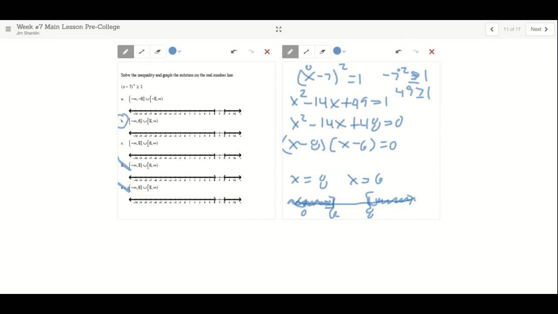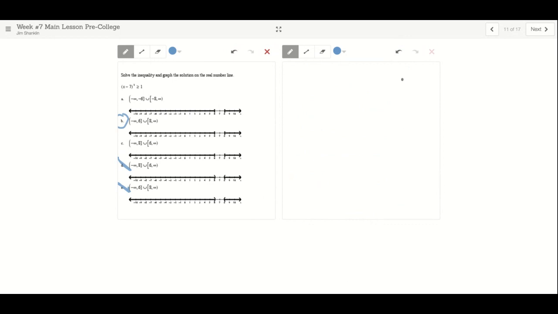But then I looked at other students' methods and it's like, why am I doing all this work? So let me erase this. Then the others in the class did it a little bit easier. They took the square root right away. Oh, that kind of makes sense. So then they ended up with x minus 7 is greater than or equal to plus 1 and x minus 7 minus 1, right?